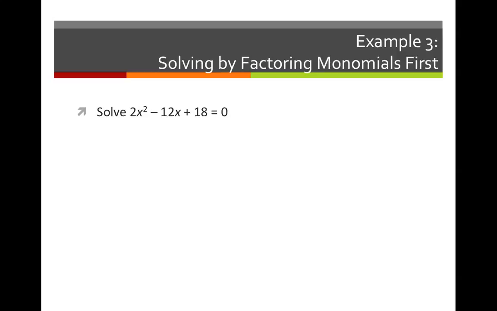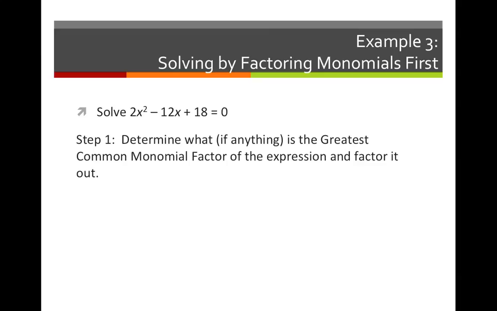In this case, we're looking at a quadratic that has a leading coefficient of 2. We want to look at all of the terms and see if there might be a greatest common monomial factor that we can factor out of each term. So our terms are the 2x squared, the negative 12x, and the 18.